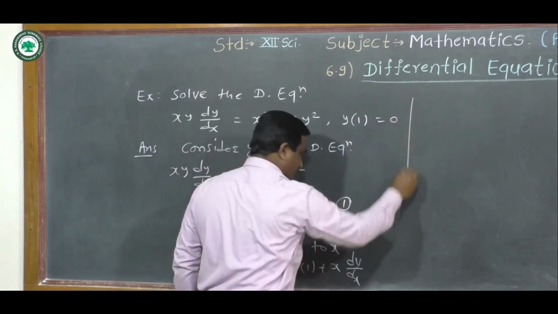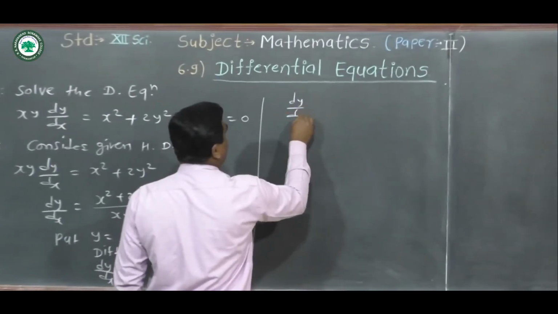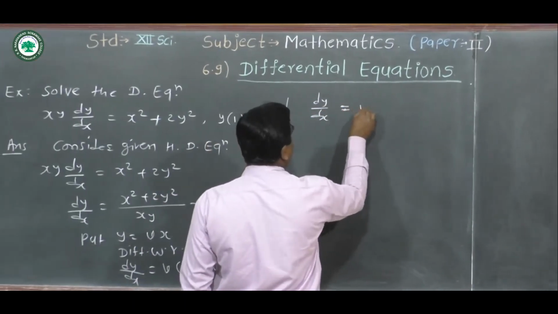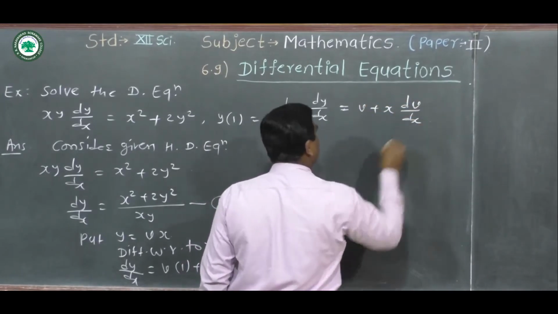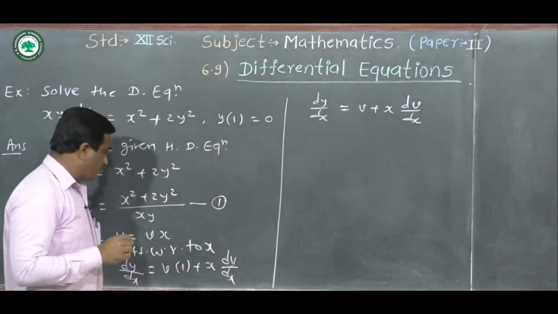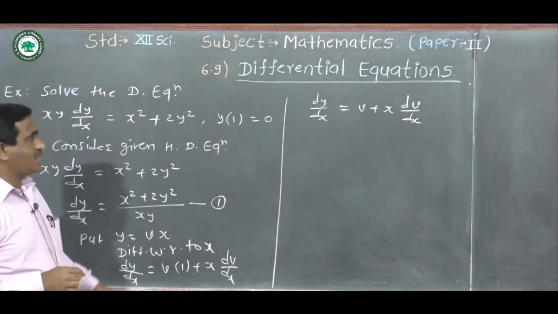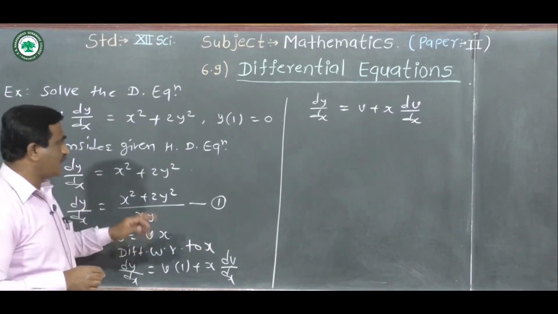That is, we get here dy by dx is equal to v plus x into dv by dx. Now put these two values, that is the value of y, v into x, and the value of dy by dx, v plus x into dv by dx, in equation first.